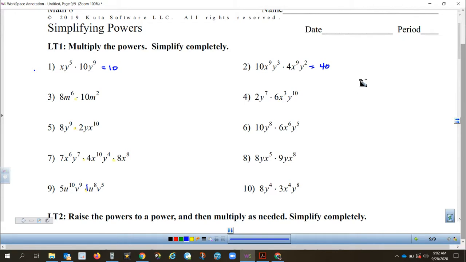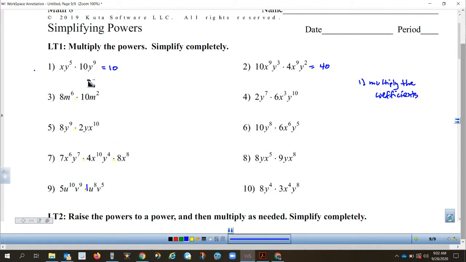Okay? So what do we do in these problems? We multiply the coefficients. That should surprise no one. We're going to multiply the coefficients in a multiplication problem. So this one's 8 times 10, this one's 2 times 6, this one's 8 times 2, this one is 7 times 4 times 8, okay?